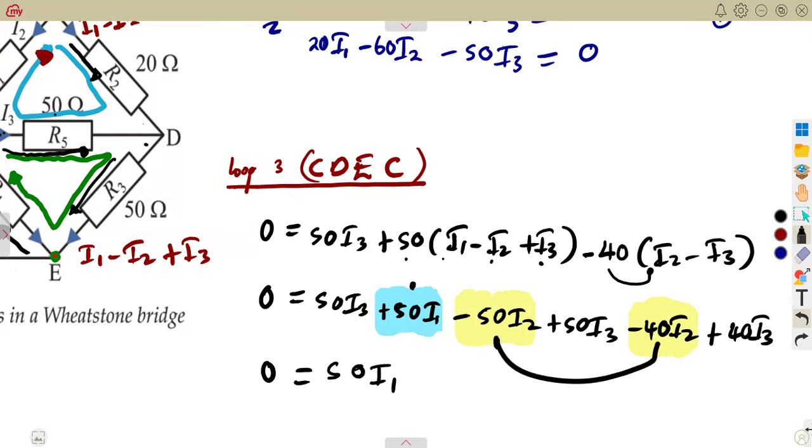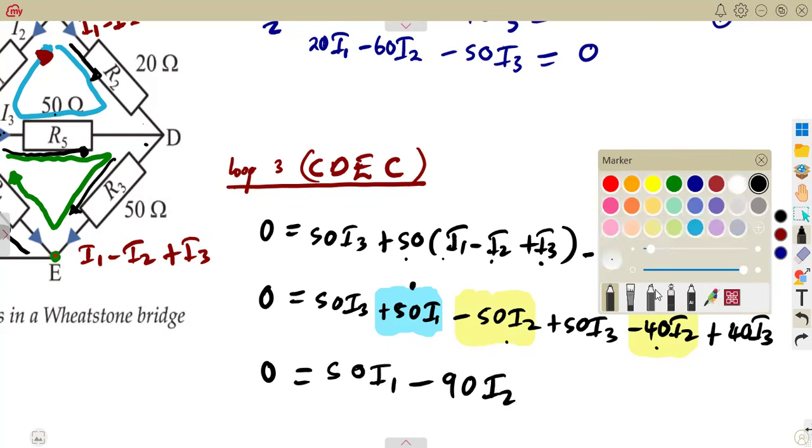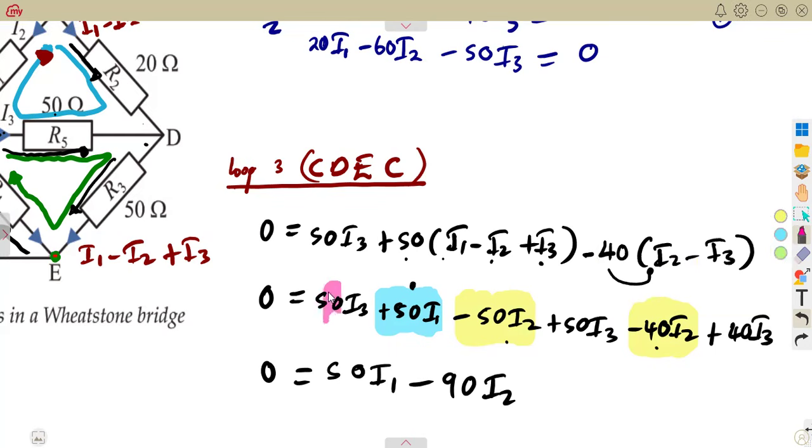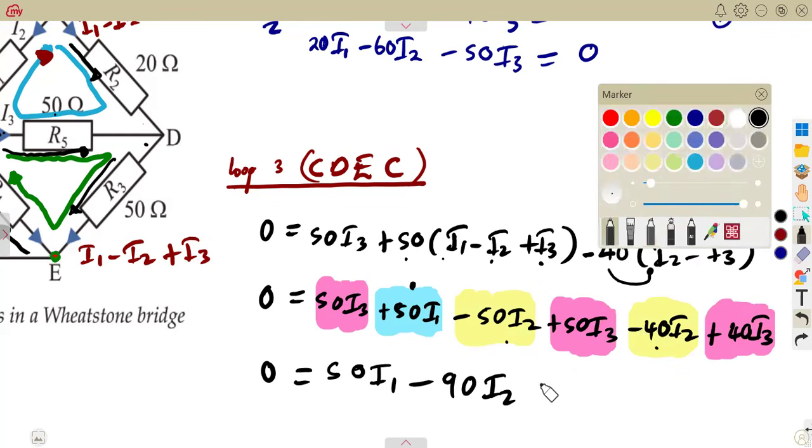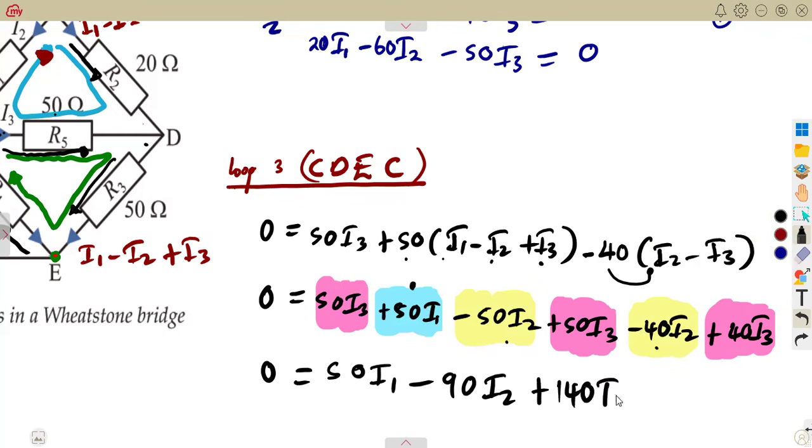The part of I2: minus 50 minus 40 gives us minus 90 I2. Then for I3, we add 50 I3 plus 50 I3, which is 100, plus this 40, which is 140 I3.